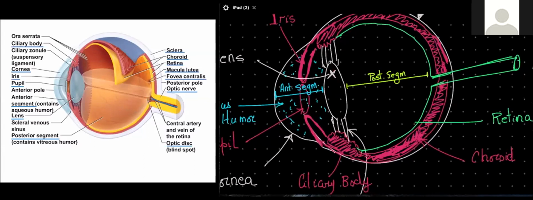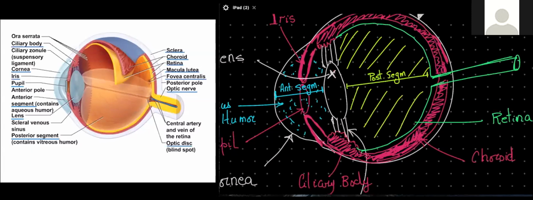Compared to the posterior segment of the eye, which is going to be filled by a gelatinous substance that will be like a glass. We call this my vitreous humor.